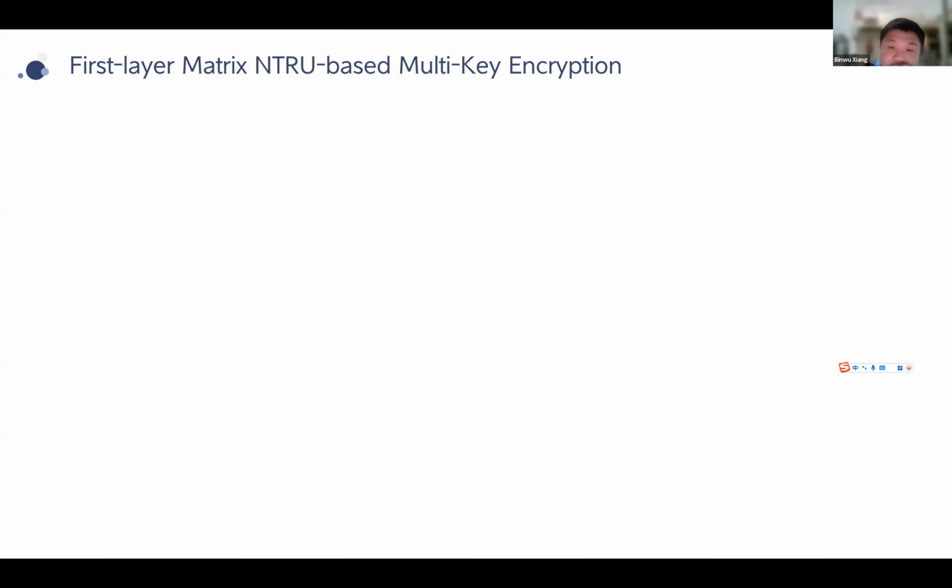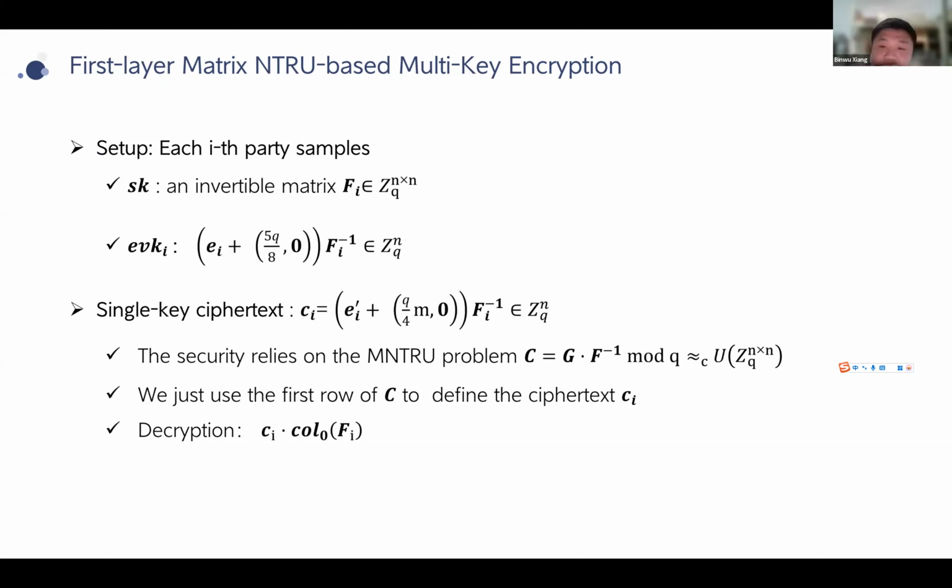Now, let's look at how the first layer matrix NTRU-based multi-key encryption is constructed. In the setup phase, each party i samples an invertible matrix F as their secret key and also generates a fresh ciphertext of 5/8 of Q for evaluations. Each party then encrypts their one-bit message like this. The security of this ciphertext relies on the matrix NTRU problem.